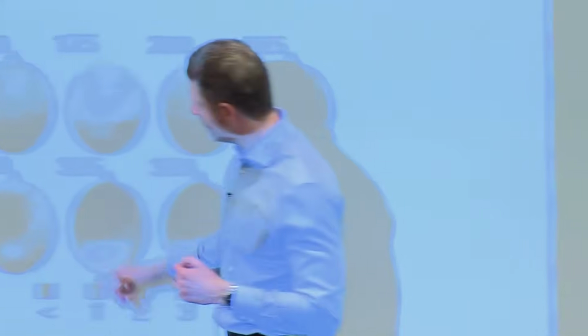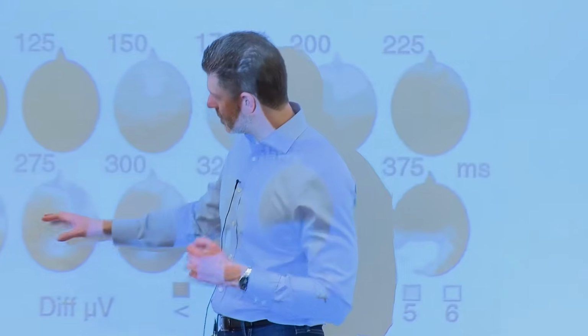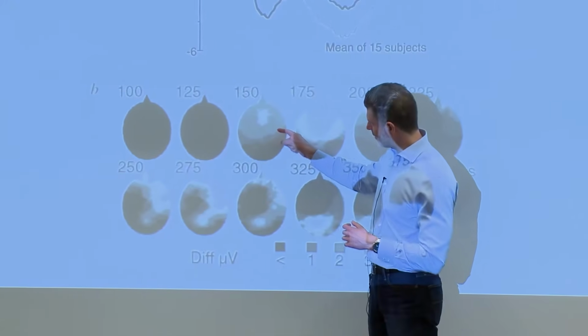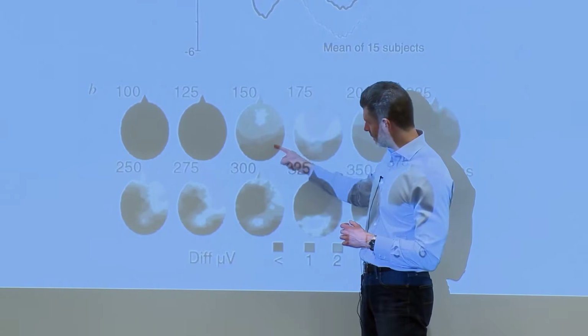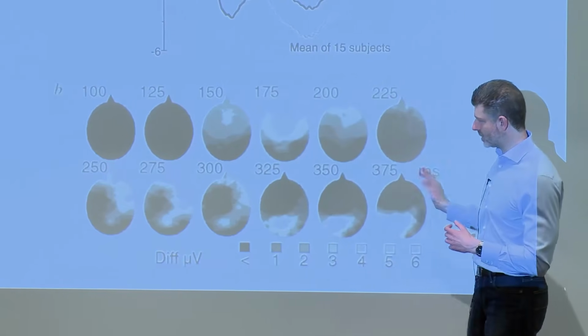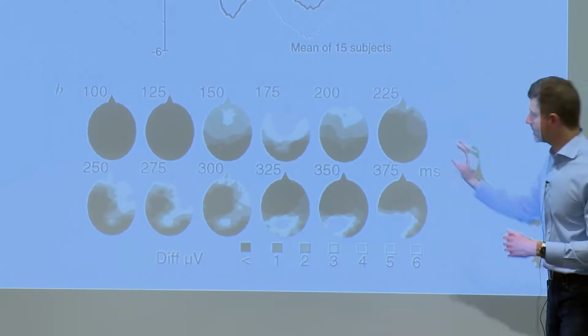Okay? So you're recording scalp potentials. And this is showing, so there's a lot of electrodes, and this is one way to depict the voltage that's being measured at different points on the skull. You can see that it evolves over time in some particular way. Okay? This is not what's so important.